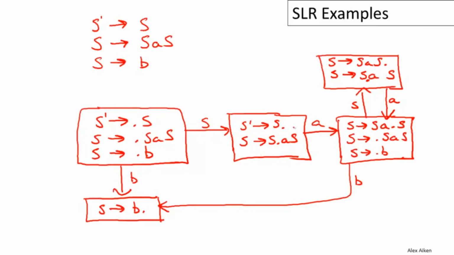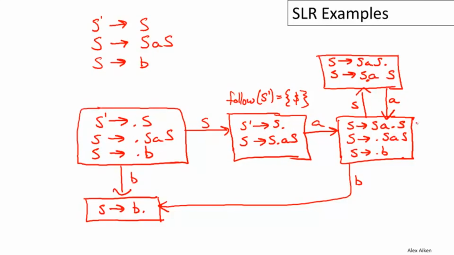All right, so we look at this state last time. As before, the follow of S prime is just equal to the $ sign. And so there's no shift-reduce conflict in this state, because on input A, we can only shift. We can't reduce by S prime goes to S. All right, now we're down to looking at these two states.